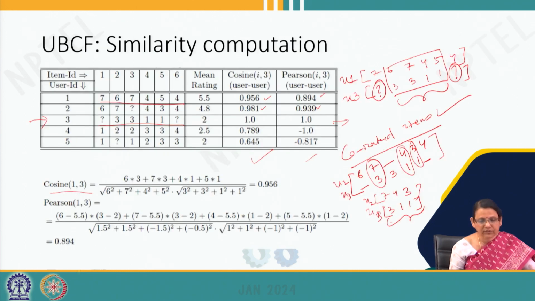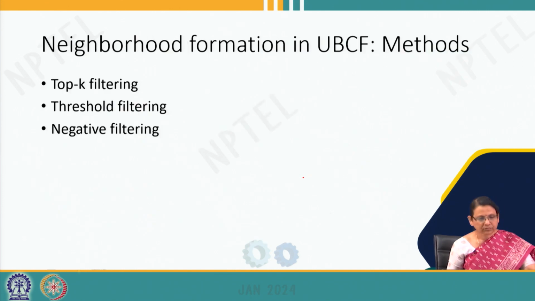For example, in this setting, if we decide to keep all the neighbors with similarity above 0.5, then all 4 will be the neighbors. If we say it should be higher than 0.8, then the top 2 will be the neighbors. If we put 0.6, the top 3 will be the neighbors, and so on.